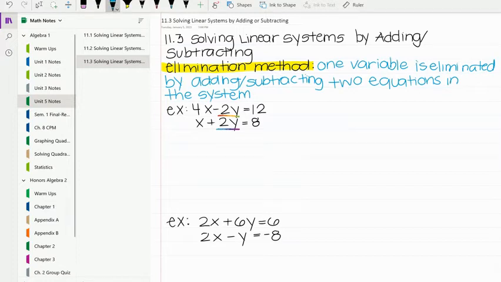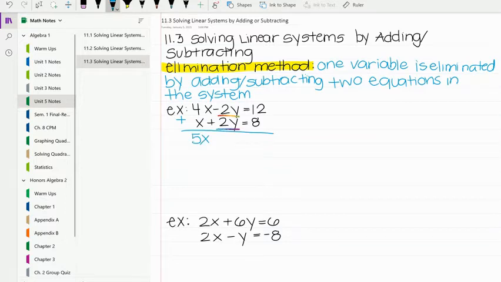Now we have to decide, our first question is, do we add these equations or subtract them? If I subtract them, I'm going to get negative 2y minus 2y, which would end up being negative 4y. So that doesn't help us. So we are going to add them. When I add them, I get 4x plus x, which is 5x.